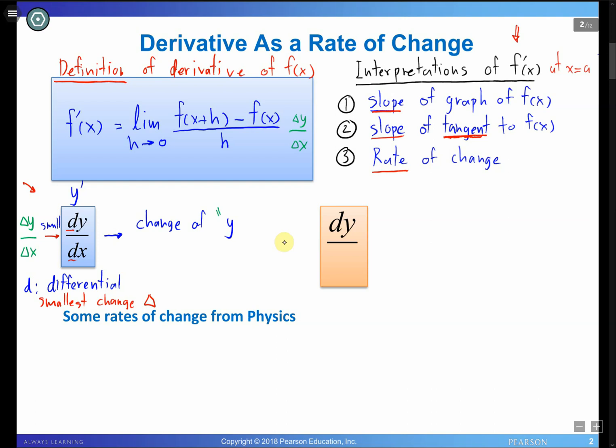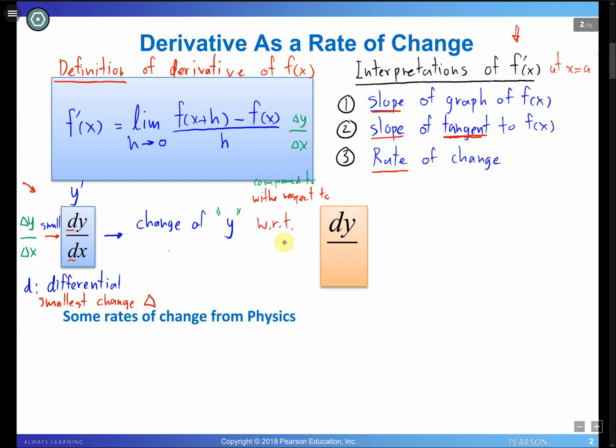We want to observe y with respect to, or divided by, compared to the change in x.